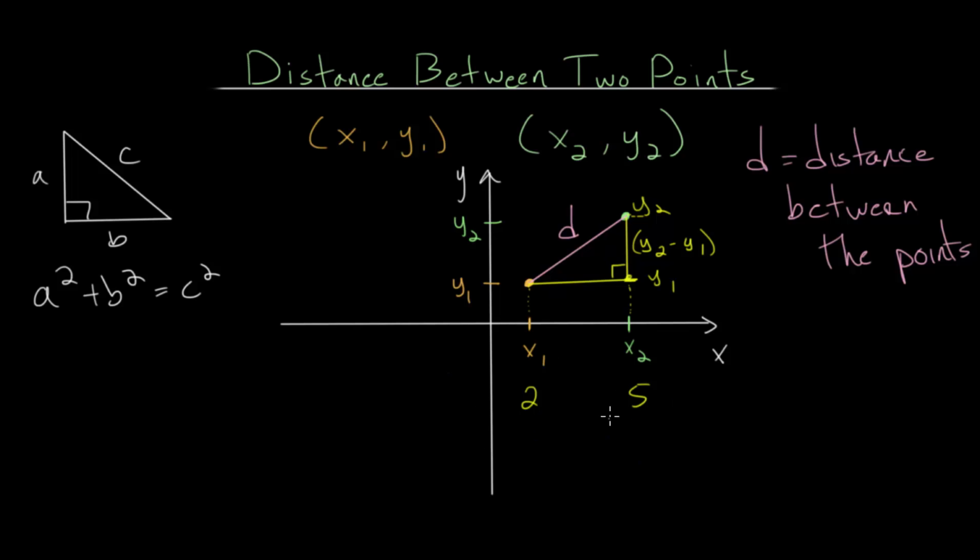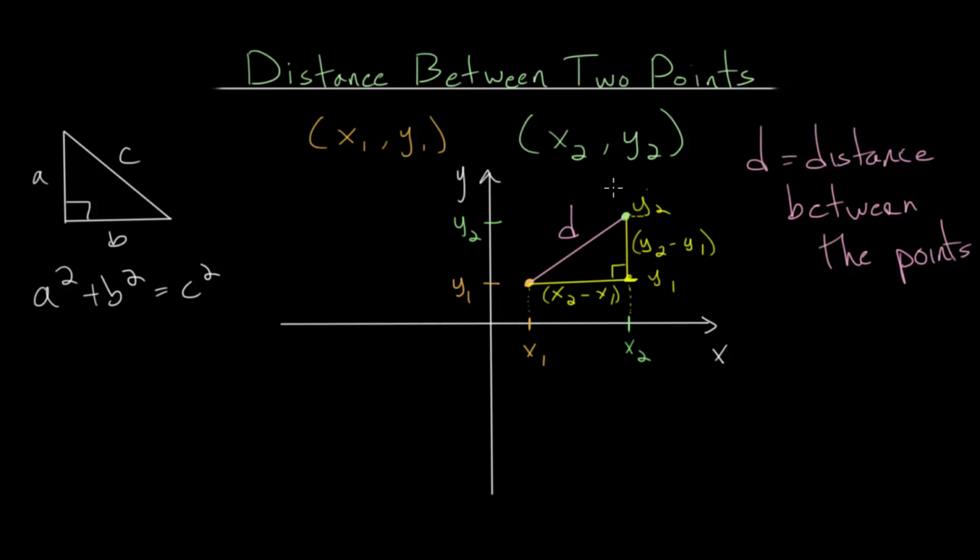So in that case, you would get a side length of 3, which again, you can just imagine counting. Going from 2 to 3, that's 1, 3 to 4 is 2, and 4 to 5 is 3.